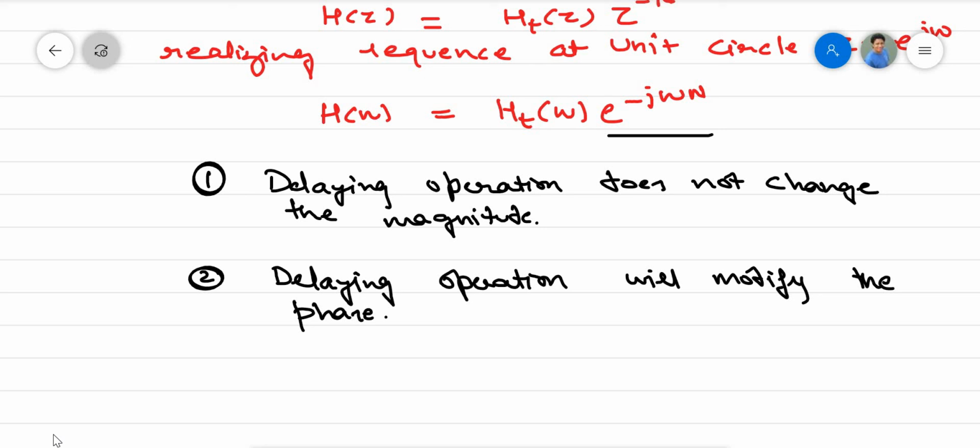First point is FIR filters have a linear phase response. Linear phase response ensures there will be no distortion among the frequencies in the delay portion. All frequencies will face a similar kind of delay.